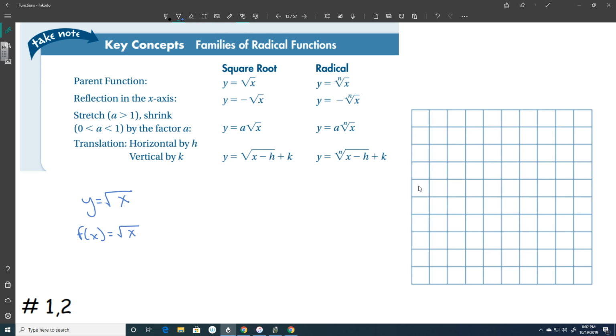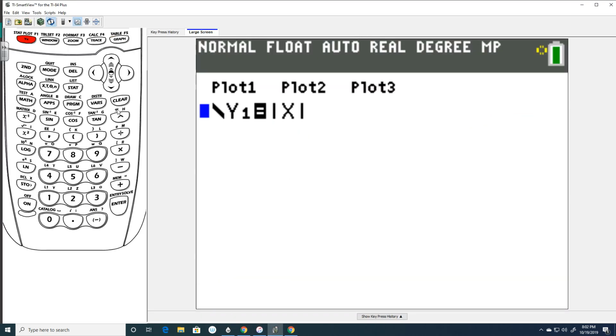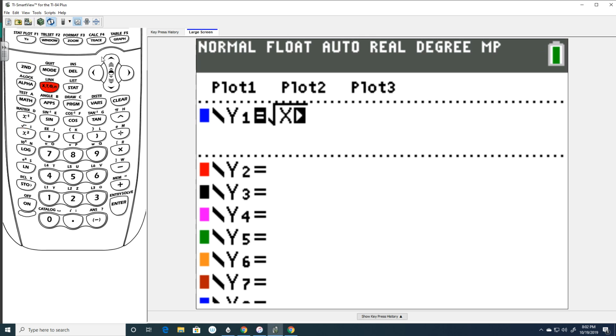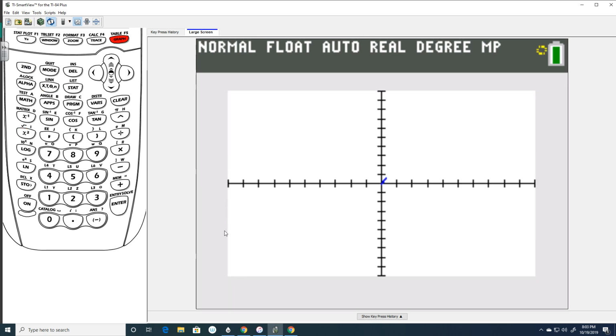All right. Now my parent function, just to give you an idea what it looks like, let's go to our y equals, and we're going to do square root of x, just to show you what this graph looks like. So one thing to notice is we start at 0, and it goes up pretty dramatically at first, and then it slowly starts to level off.